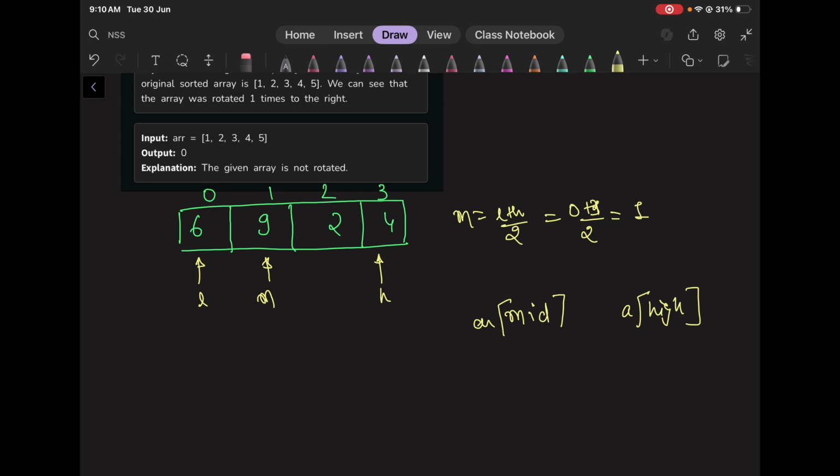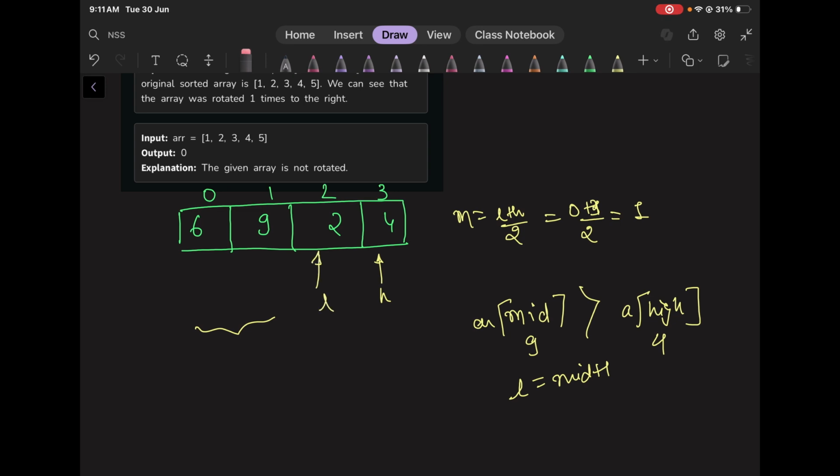My ARR of mid is 9 and this is 4. In that case my ARR of mid is greater than ARR of high. In that case for sure the elements up till mid would not be my answer. So I update my low as mid plus 1, and my low goes to the new position over here.